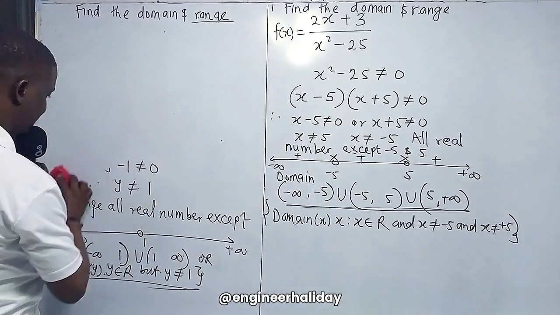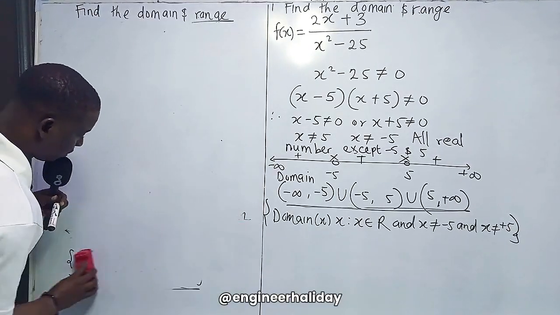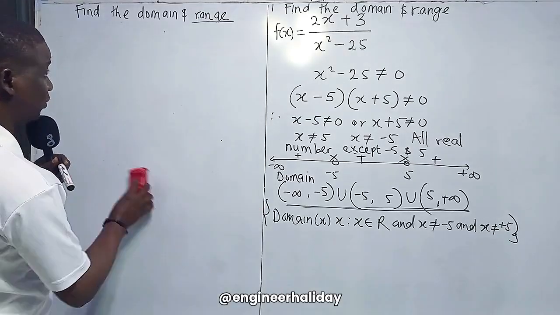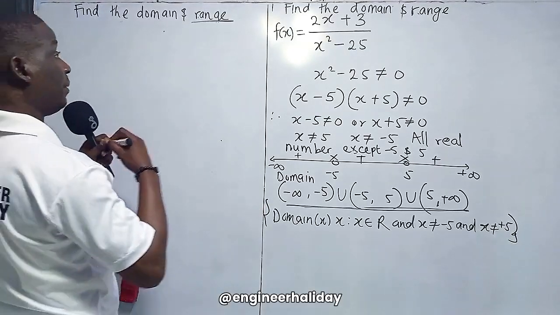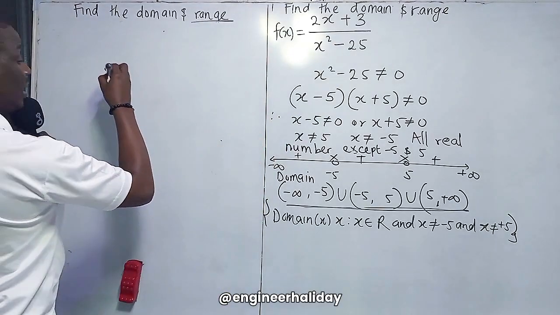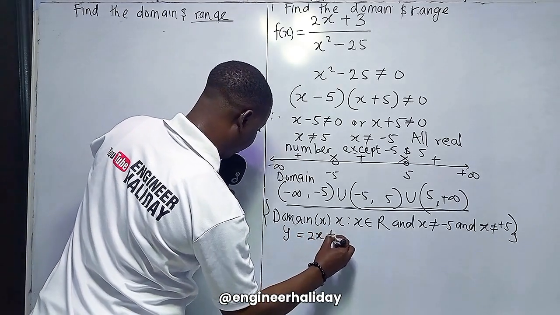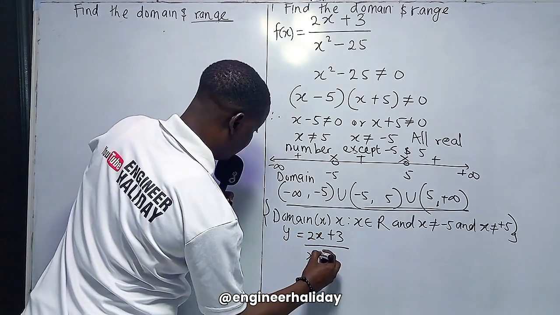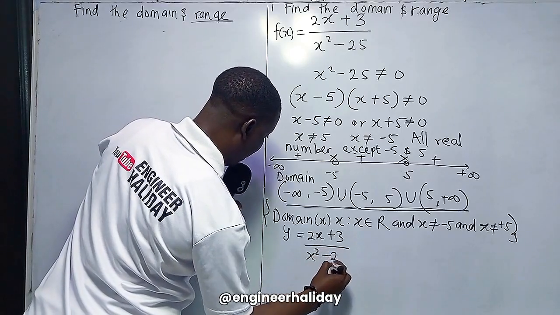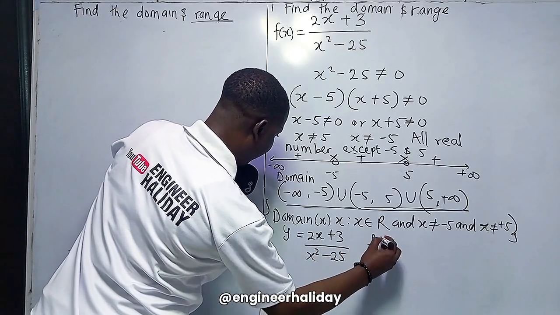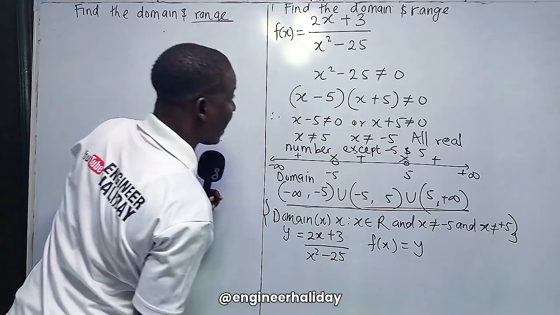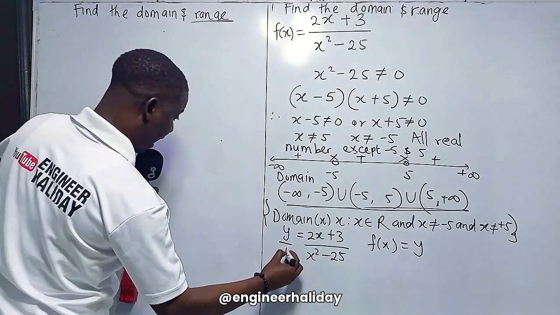Now what we're going to do is simply make y the subject of formula from here, so x is the subject of formula. So we're going to have y equal to 2x plus 3 all over x squared minus 25, because f of x is taken as y. So now we cross multiply.